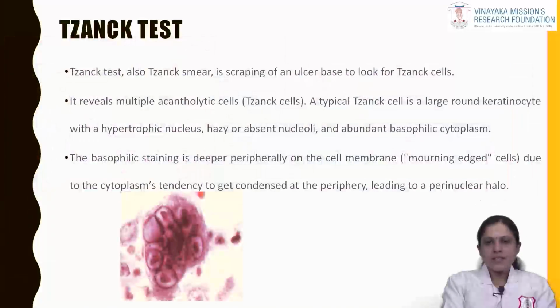The Tzanck test is a cytological or smear test which is used to identify Tzanck cells, also known as acantholytic cells. It reveals multiple acantholytic cells, which present as large round keratinocytes with hyperchromatic, hazy nuclei with absent nucleoli, and basophilic cytoplasm can be noted.